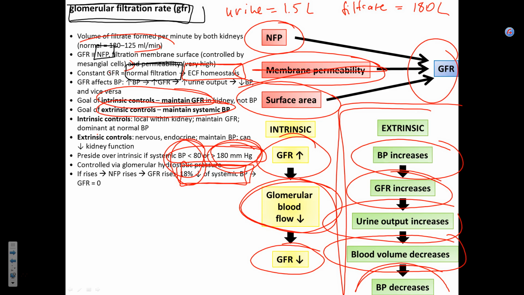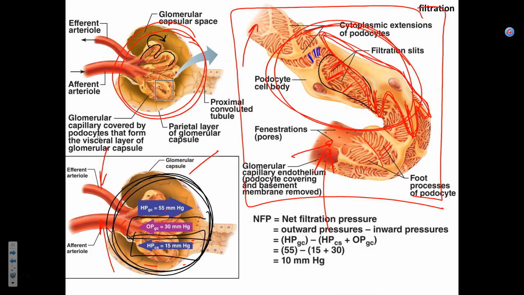Decrease it like that, the glomerular filtration rate will go down, hydrostatic pressure in the capillaries will go down, and it needs to go down by about 20%, like to 44, to stop any filtration through the kidneys.